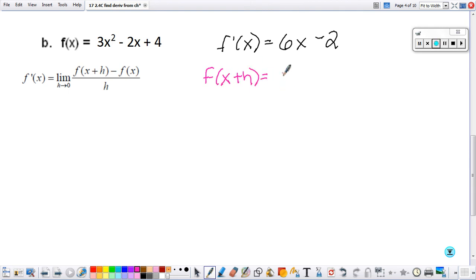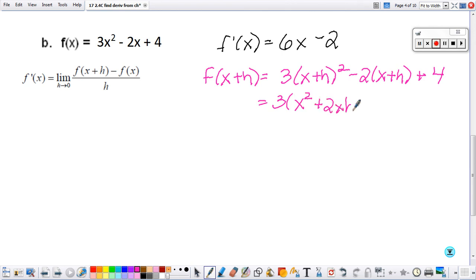Okay, so now I'm going to plug in x plus h everywhere for every x value. I have to multiply this together, which we've already done twice now. I have to distribute the negative 2. Now I have to distribute the 3.